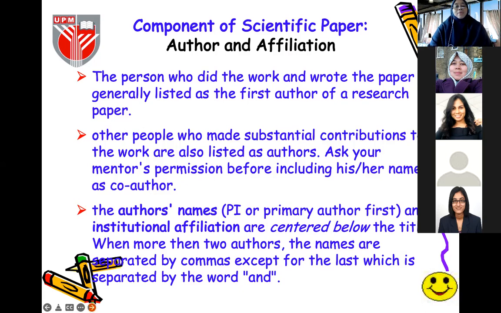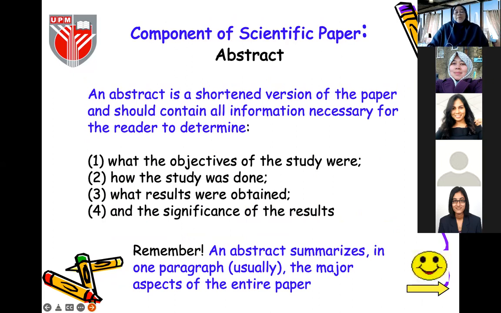So abstracts, okay, what is the objective of the study? Of course, how the study was done, what results were obtained, and the significance of the results. In short, in the abstract you should have a very short introduction, including the objective, and the method itself, in very short, precise sentences.